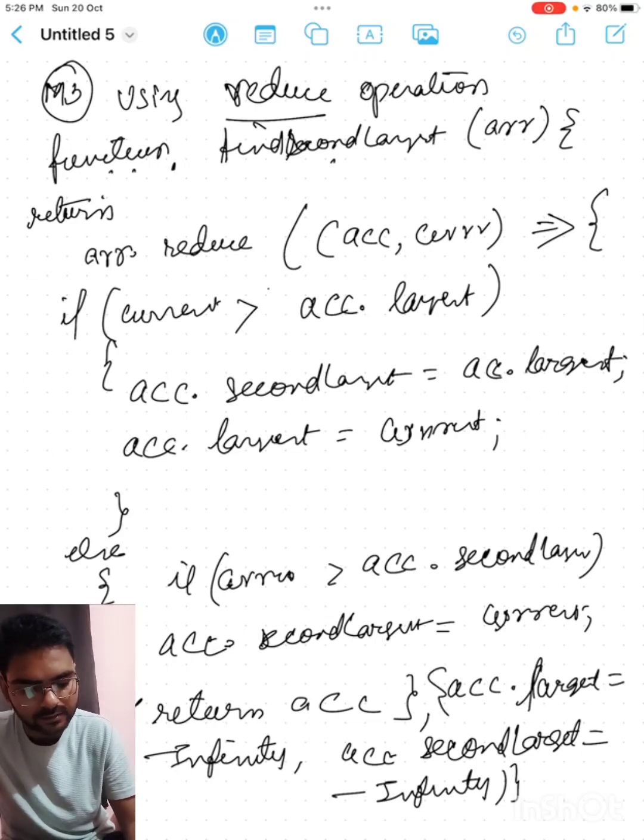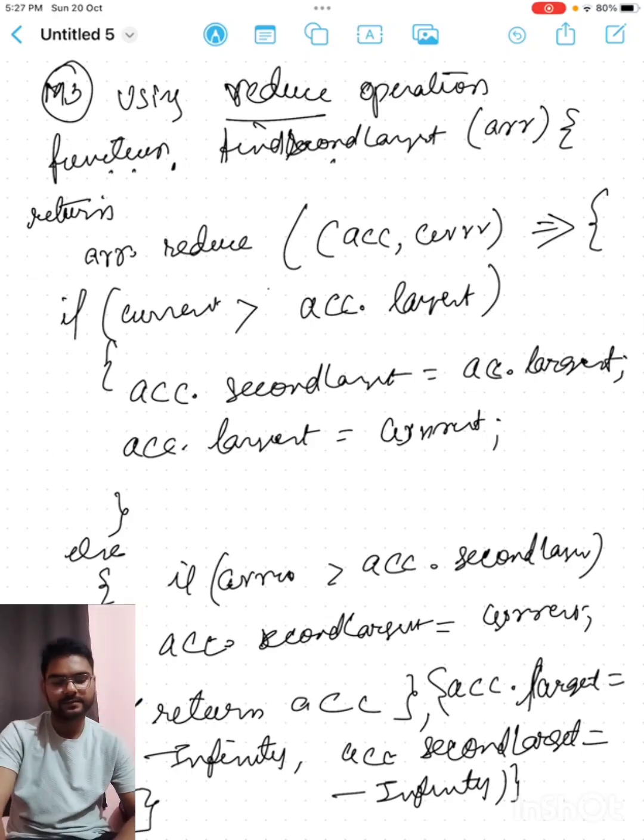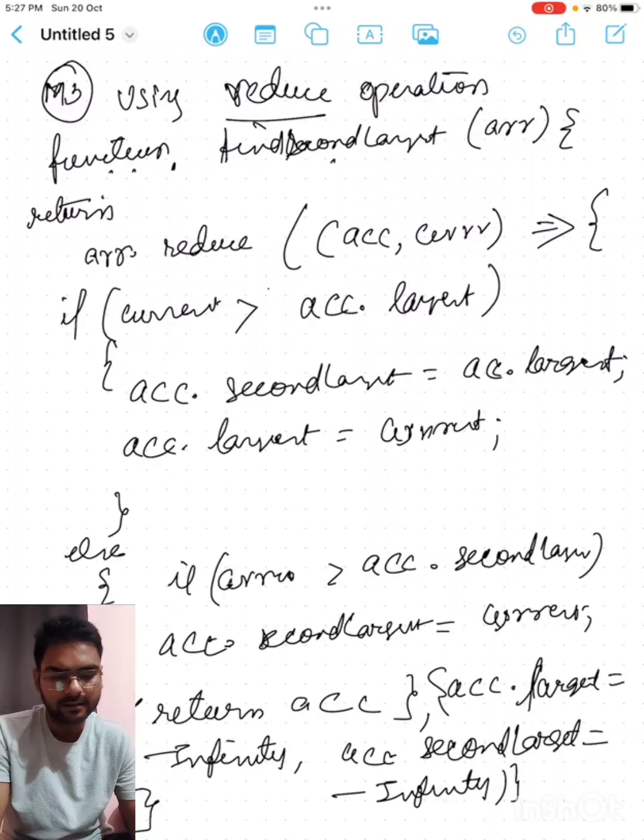So these are the two initial values that we have used. So the loop ends over here. So this way one pseudo code we have used using the reduce operator. Same thing you can implement in your code and you will get the output using the reduce operator.